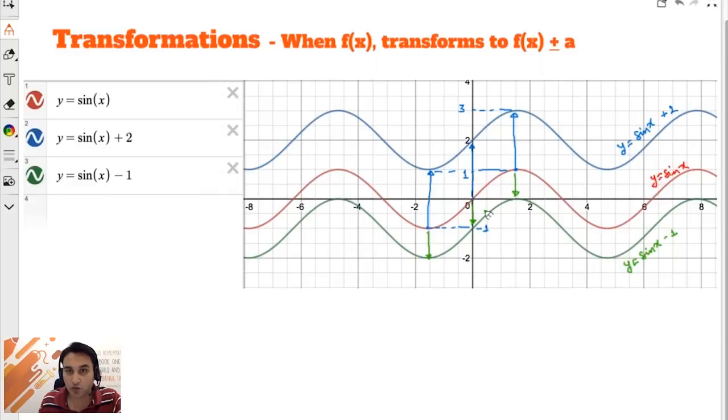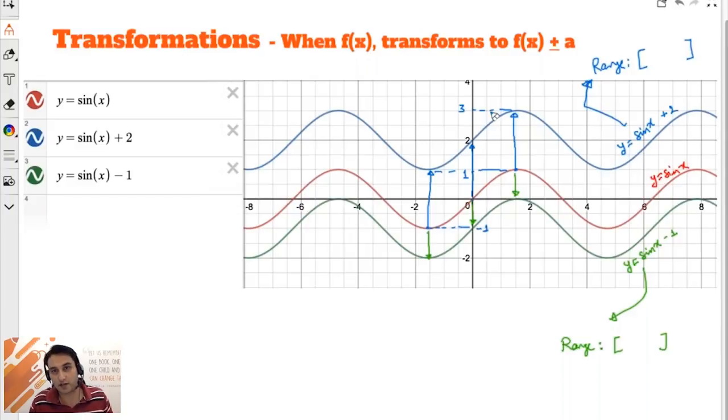Correct? So now can you tell me its range? What is its range now? This graph lies between what to what? And what is the range of sine of x plus 2? What is range? Simply speaking, the values along y between which the graph lies.